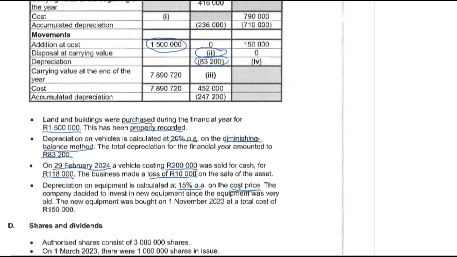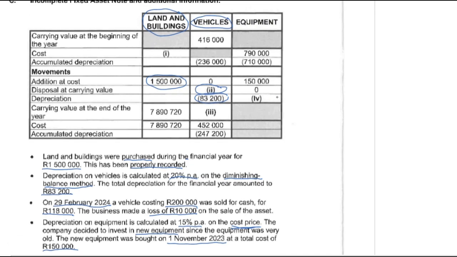The company decided to invest in new equipment since the equipment was very old. The new equipment was bought on 1 November 2023 at a total cost of 150,000 rands. So this information relates to the depreciation, which we will have to calculate, and also to this addition of new equipment, which is worth 150,000 rands.